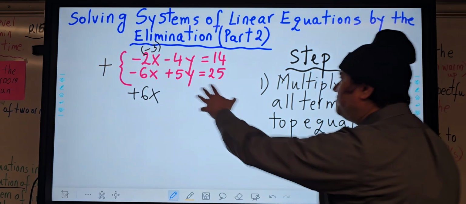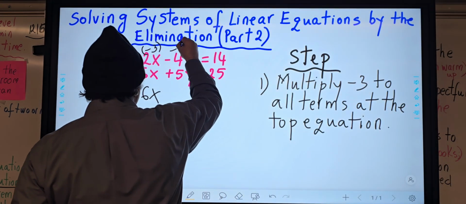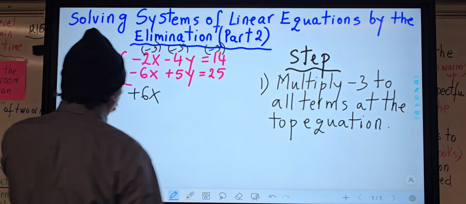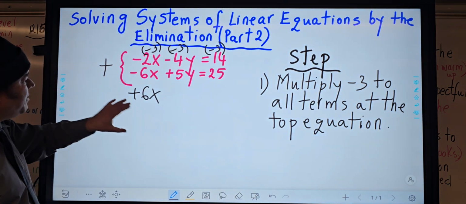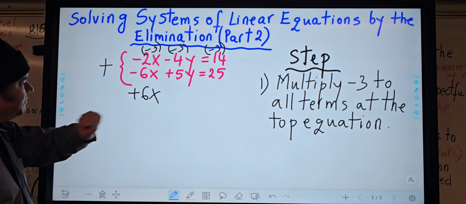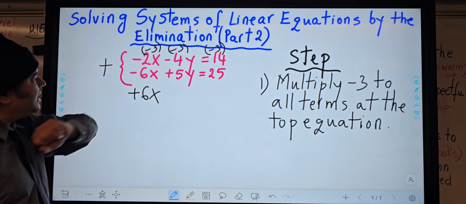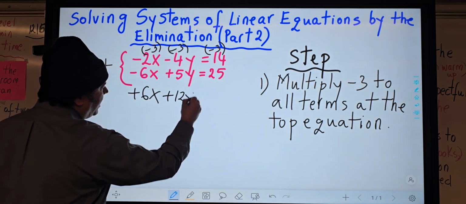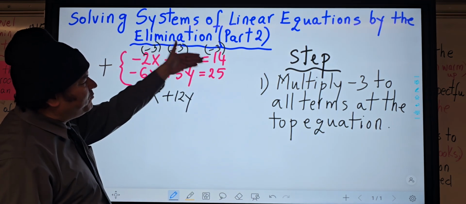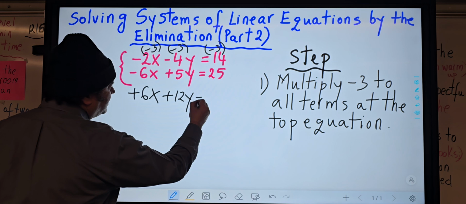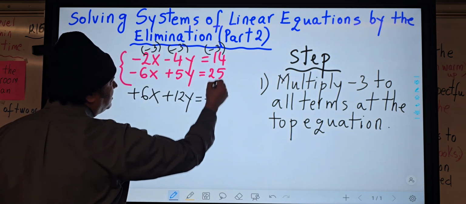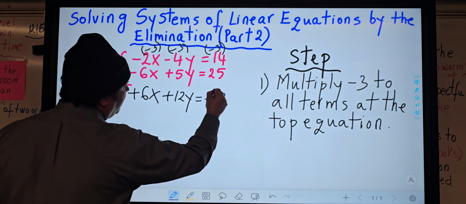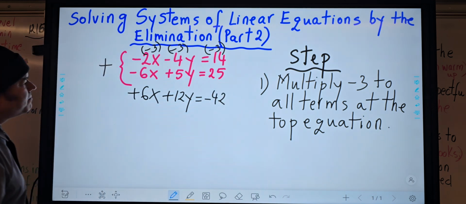So let's multiply negative 3 to all terms here at the top equation. Negative 3 times negative 2x becomes positive 6x. Negative 3 times negative 4 becomes positive 12y. And negative 3 times 14 becomes negative 42.